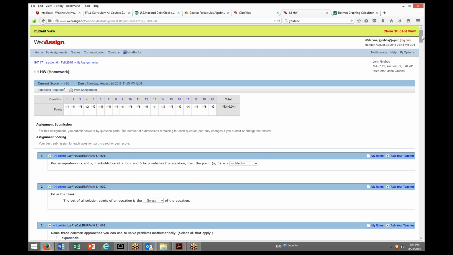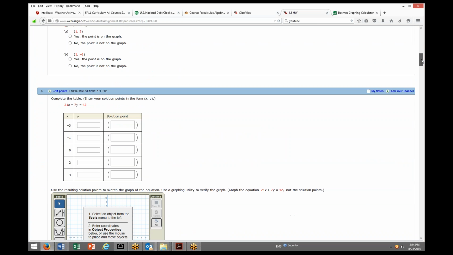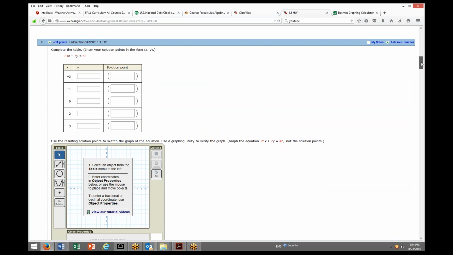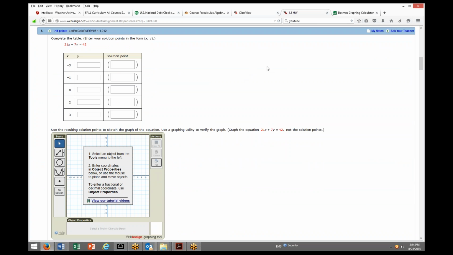And let's go down to problem number 6. In problem number 6, they give you, in this version, you all are going to have different numbers in your problems, essentially the same problems but with different numbers.